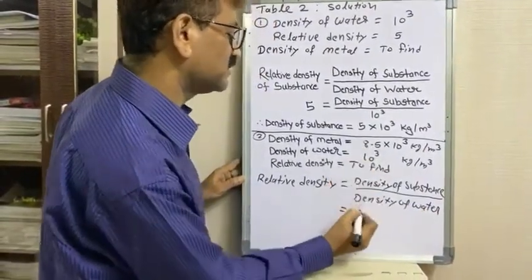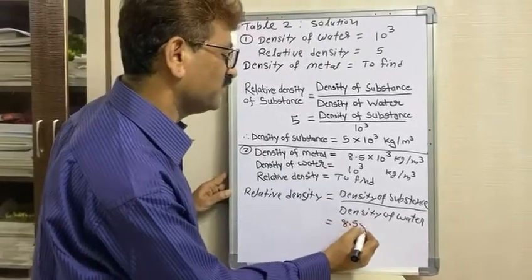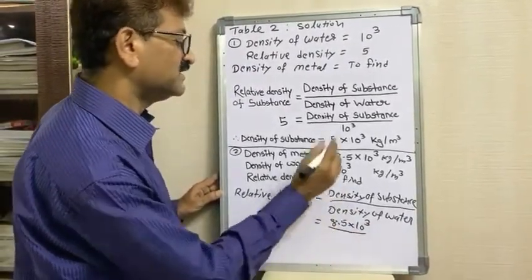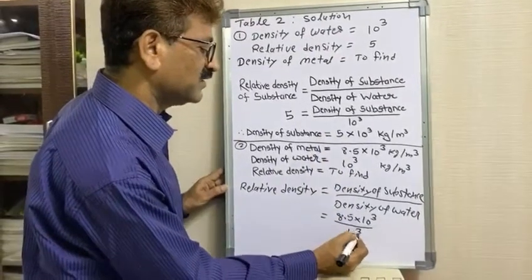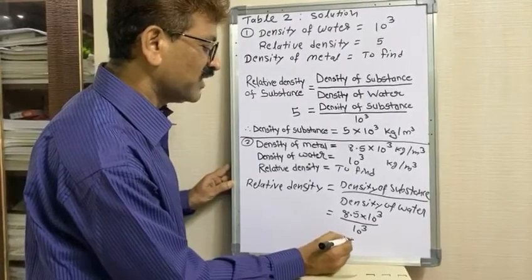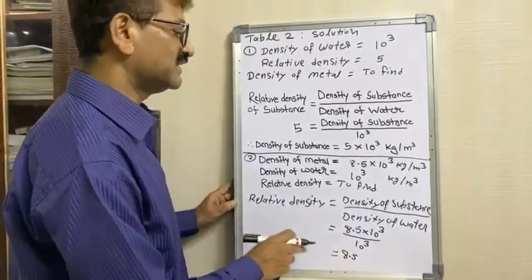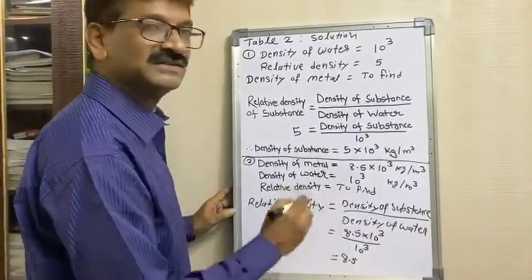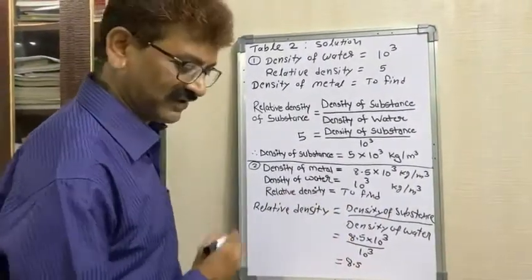So 8.5 into 10 cube divided by 10 cube. Now 10 cube cancels. So the answer is 8.5. Relative density has no unit because kg per meter cube cancels.